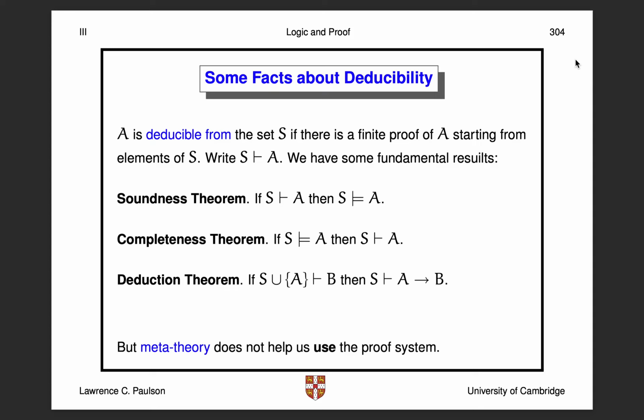But it's not obvious. It's obviously desirable. It's obviously natural. But one can come up with proof systems for which this particular property doesn't hold.